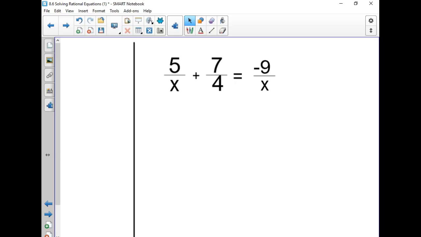5 over x plus 7 over 4 is equal to negative 9 over x. There are two methods you can approach solving these today. Actually, there's 3. I'm going to show you 2, and if you can figure out the other one, you can do that as well.